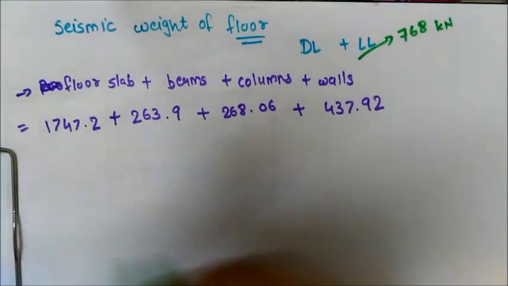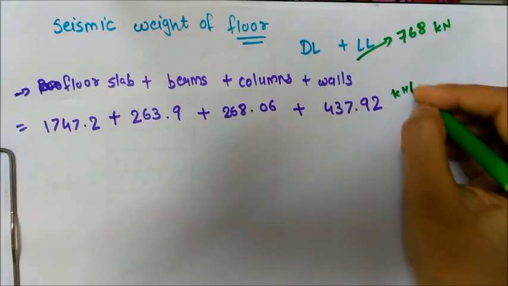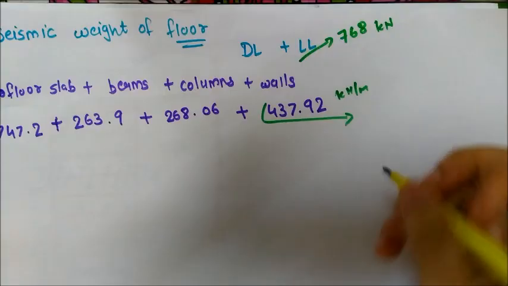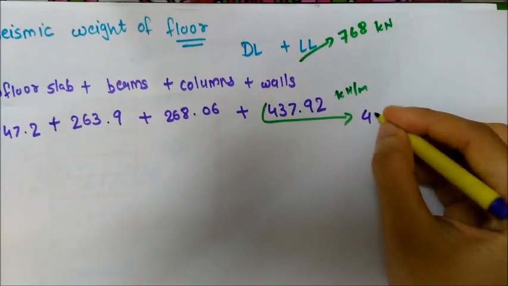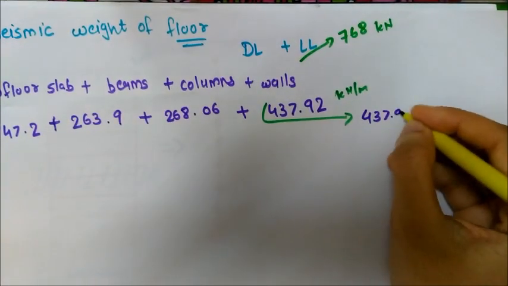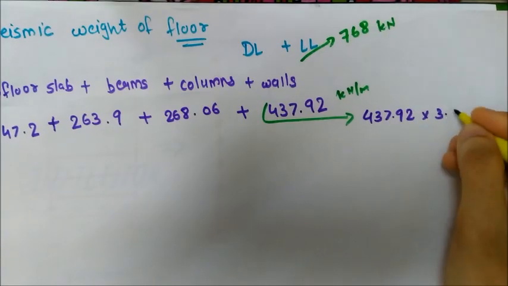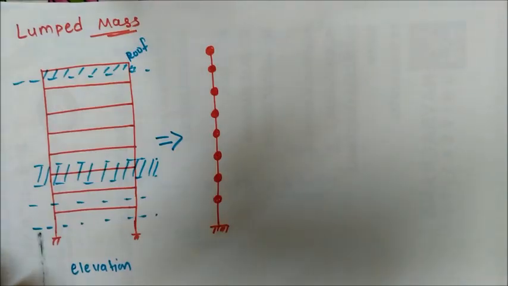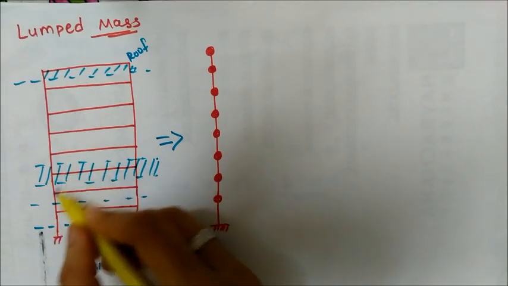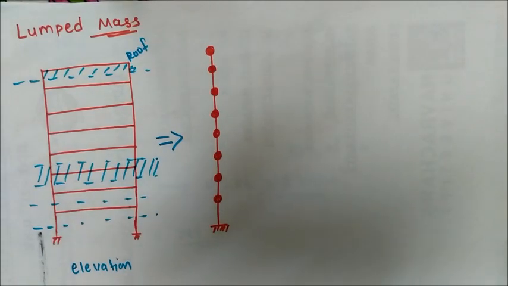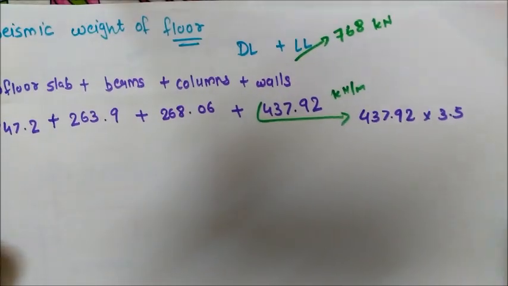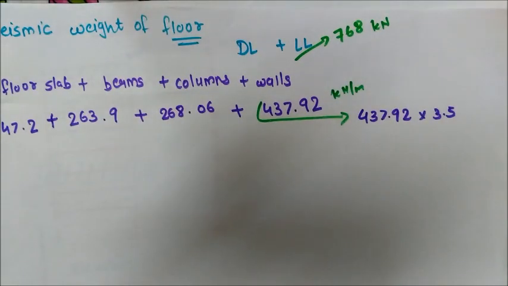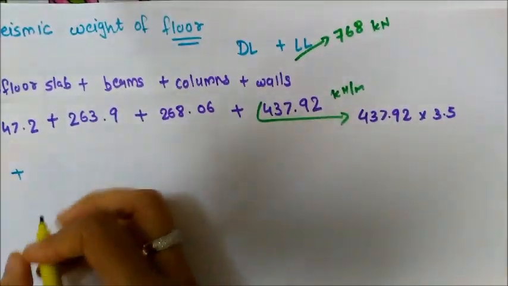Here our column unit weight is in kilonewton per meter, so you have to multiply this value with the height of the column: 437.92 multiplied by 3.5. As we discussed for the floor, we have to take half of the upper story and half of the bottom story, so eventually it will be one total typical story, and the length of the column will be total 3.5.